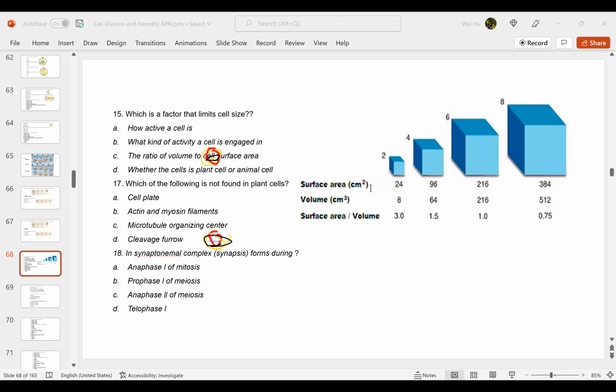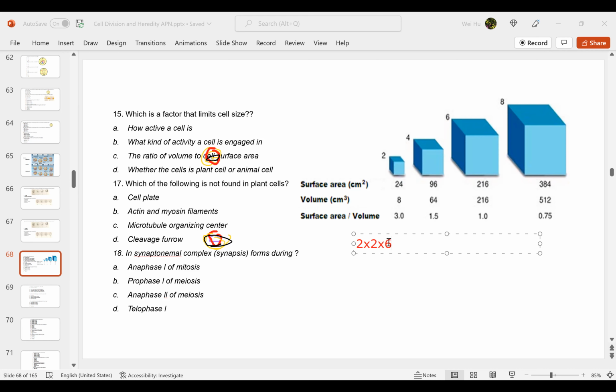So surface area is what? It's 2 multiplied by 2, correct? And multiplied by 6 because you have six faces, right? So that's how you get 24, correct? So it's side times side, and then multiplied by the 6 sides.